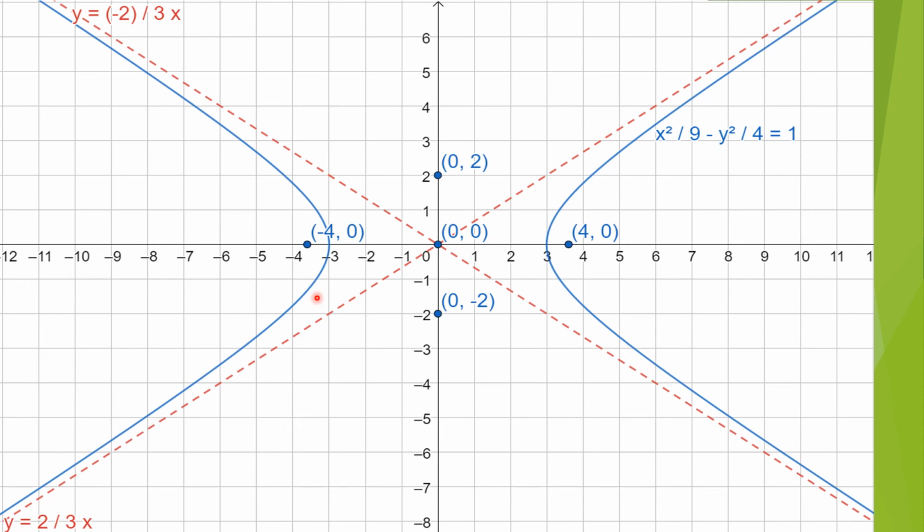For the hyperbola, you look for all the parts: the center, its vertex, its focus and the other focus, the other vertex, and the co-vertices or the endpoints of the conjugate axis.